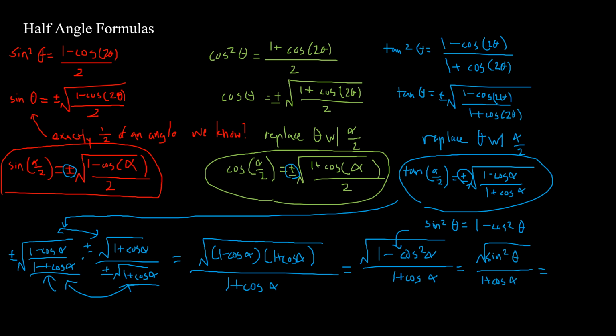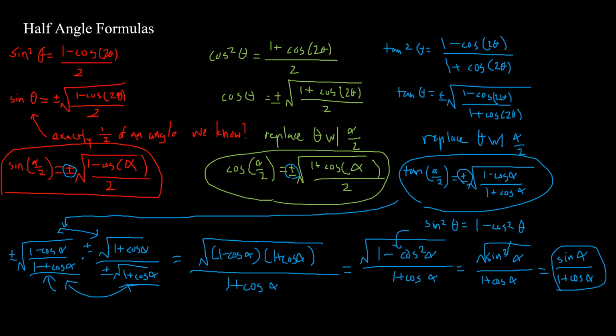And the exponent and the radical are just going to cancel out, and then we're just going to get, not theta, sorry, this is going to be alpha, sine alpha over 1 plus cosine alpha. So tangent of alpha over 2 is also going to be equal to this. And again, just make sure you are applying the signs. So this could be negative or positive, depending on what quadrant alpha over 2 is in.